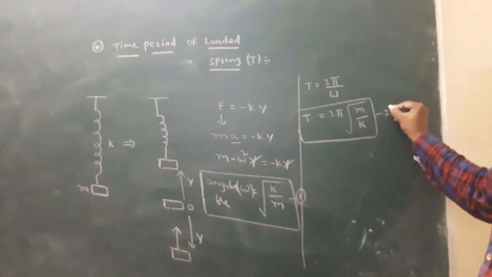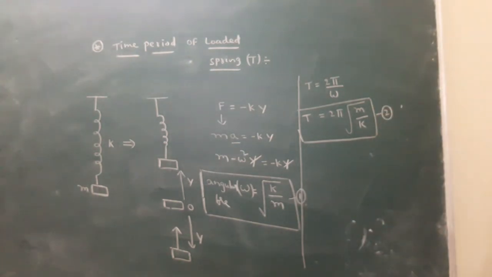What is the formula for time period of the loaded spring? 2 pi under root M by K.